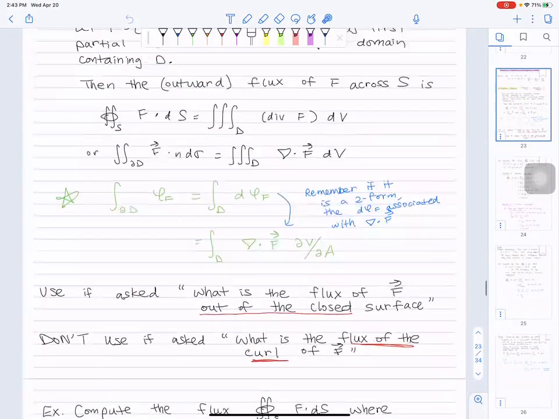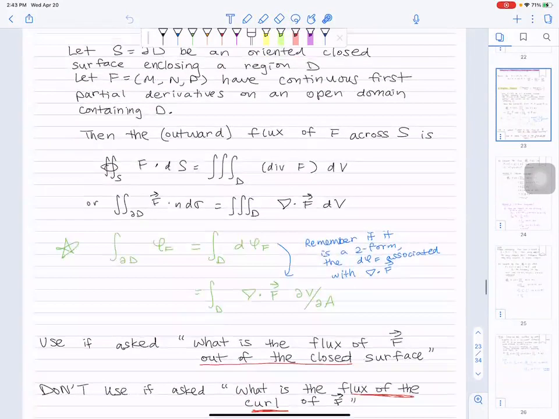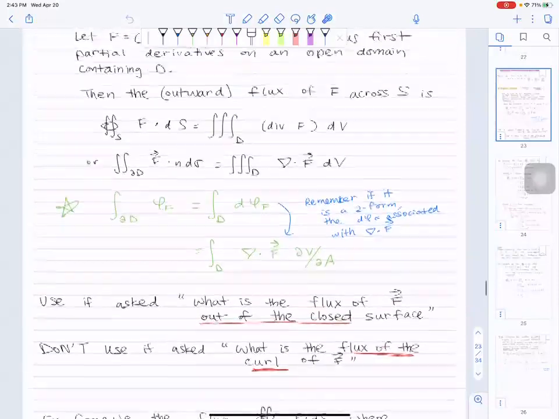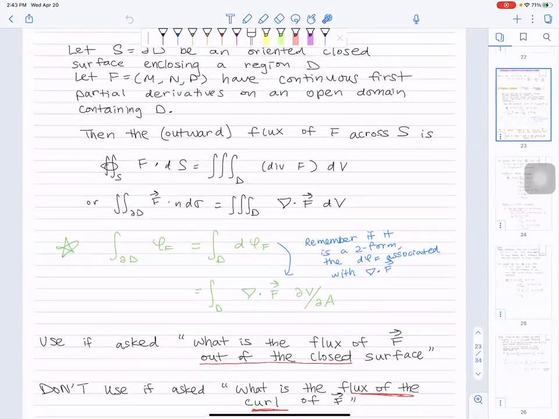For the second one, and specifically for Gauss's theorem, you also want to make sure that your surface is closed. For example, if your shape was just the top of this paraboloid, then you can't use divergence or Gauss's theorem because your shape should be closed.